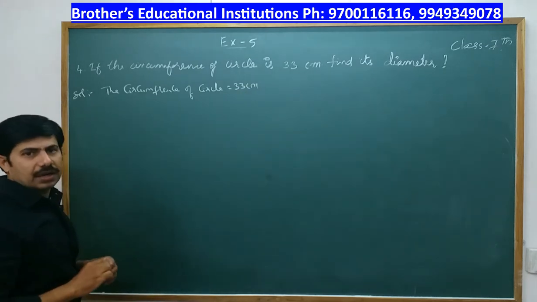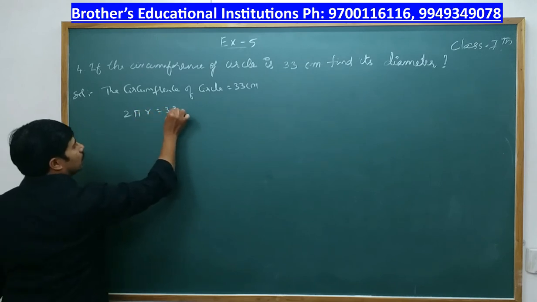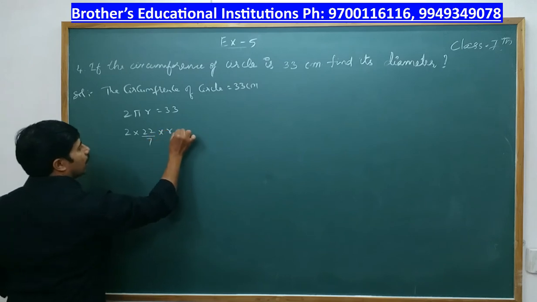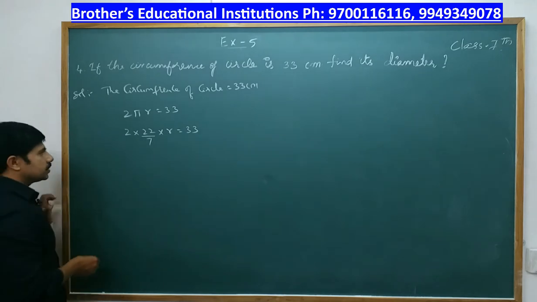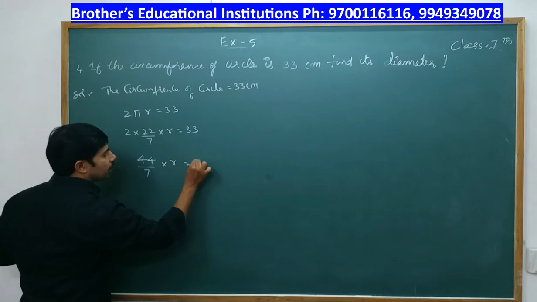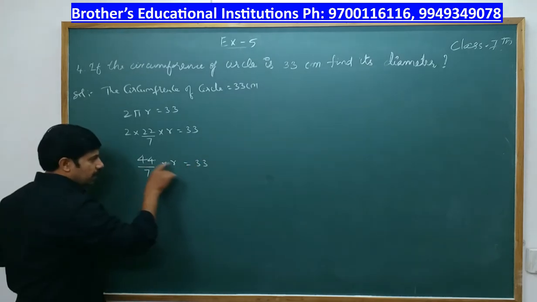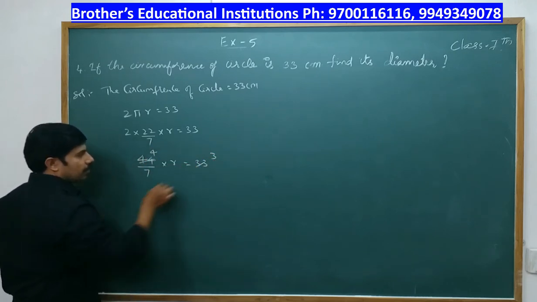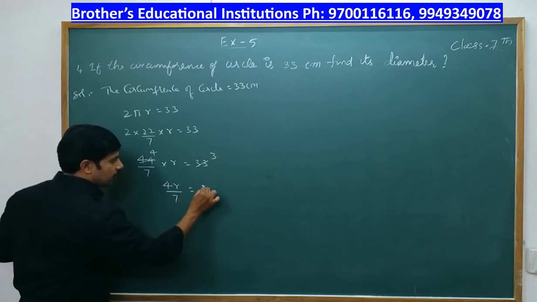As 2 pi r is the circumference, I write 2 pi r and equate it to 33. So 2 into 22 by 7 into r is equal to 33, right? So we get 44 by 7 into r is equal to 33. See, here both can be eliminated in the 11 table: 11 4s are 44, 11 3s are 33. Okay, we cancelled. Now what we have is 4r by 7 is equal to 3.